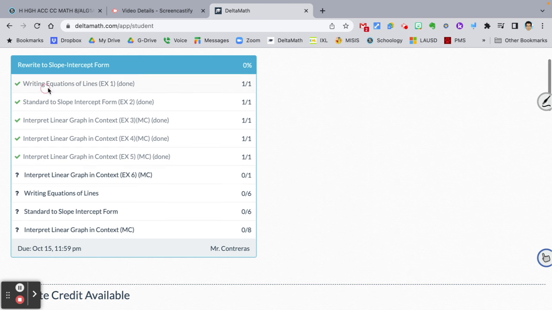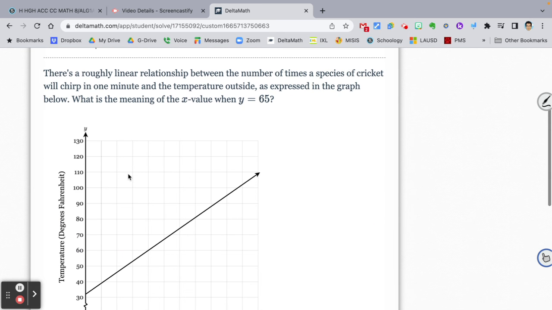Okay, and then we have one more. There's a roughly linear relationship between the number of times a species of cricket will chirp in 1 minute and the temperature outside as expressed in the graph.